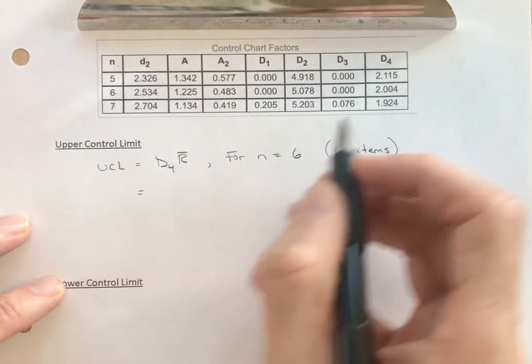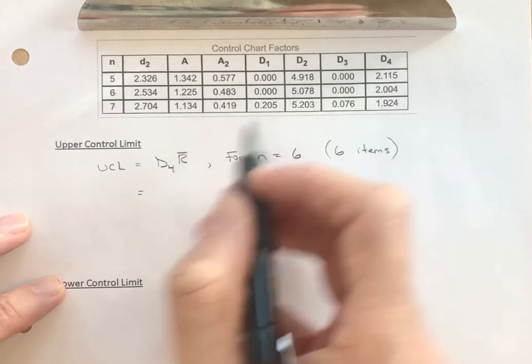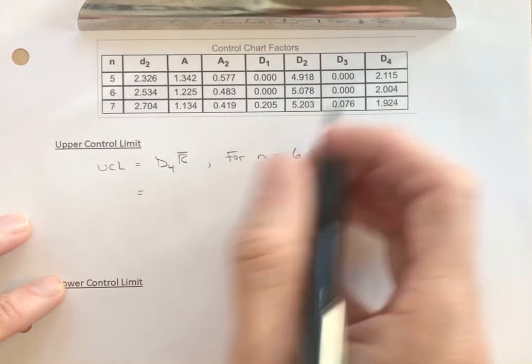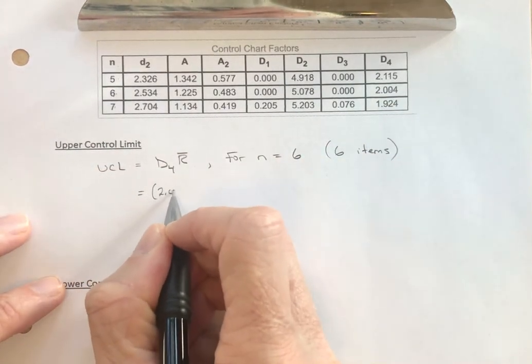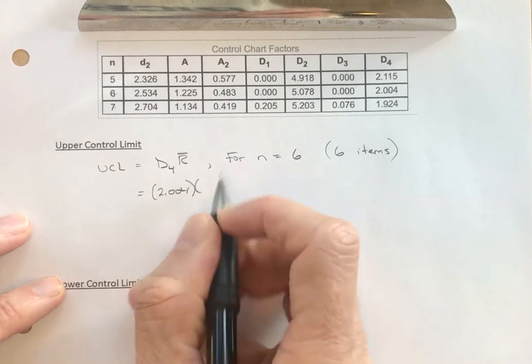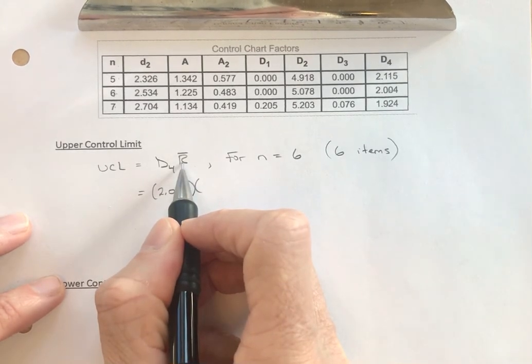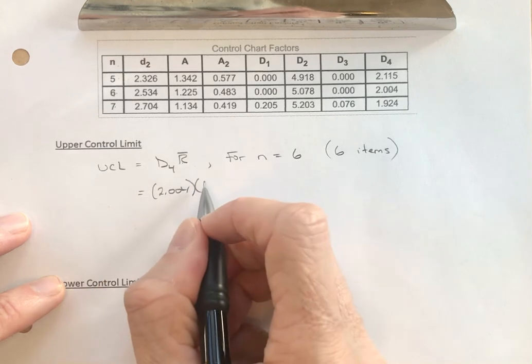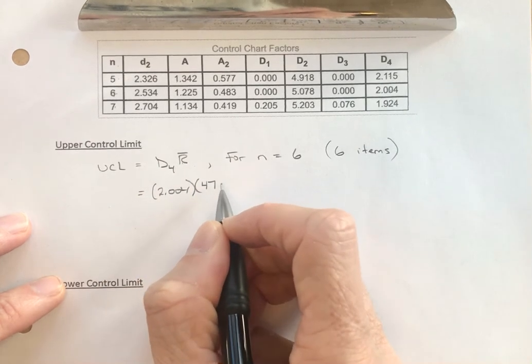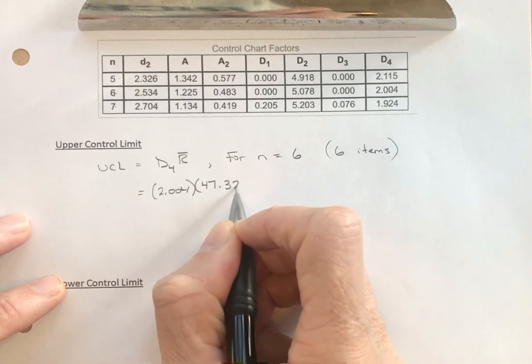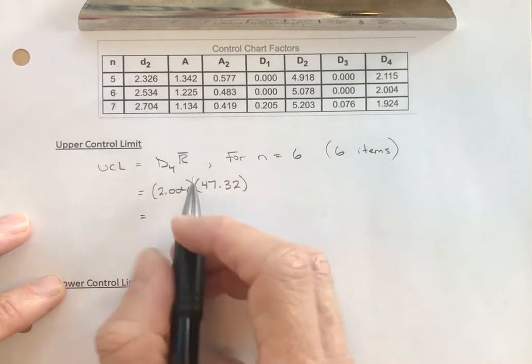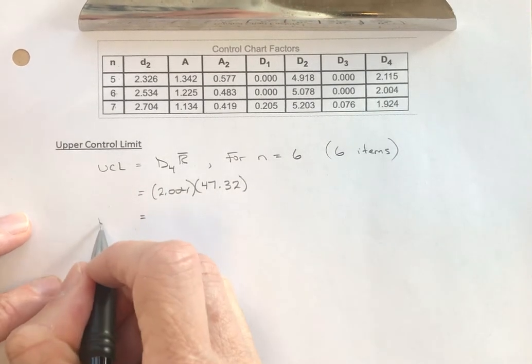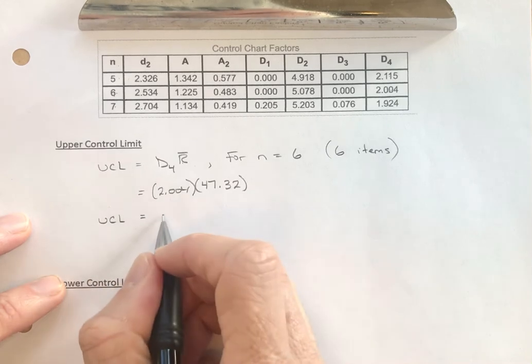So our upper control limit is D4 for when n equals 6, which is 2.004, times R bar. We previously calculated R bar, and our calculation showed us that was 47.32. And so our upper control limit is this product, and that's going to be 94.83.